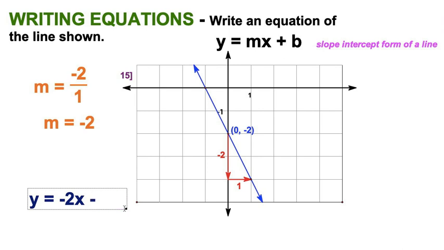That's the -2. So -2x, the slope of -2, crossing the y-axis at -2. Down 2 over 1, crossing the y-axis, or a y-intercept of -2. Hey, that's kind of fun.